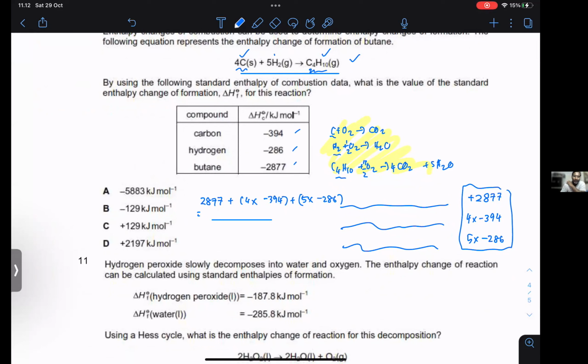Negative 129. Yeah, so you get this. You can continue to calculate, but let's actually move on.